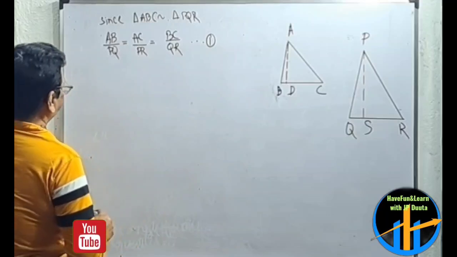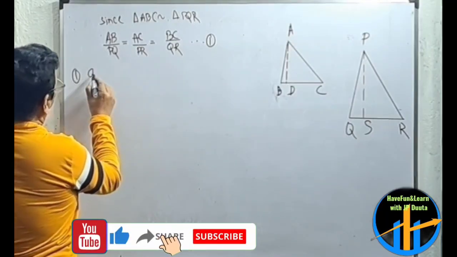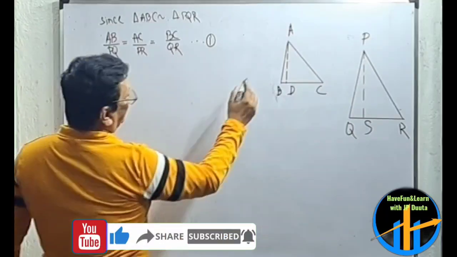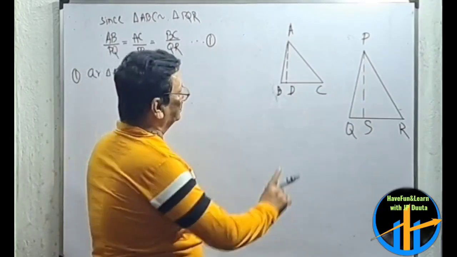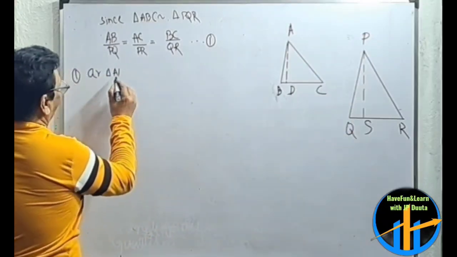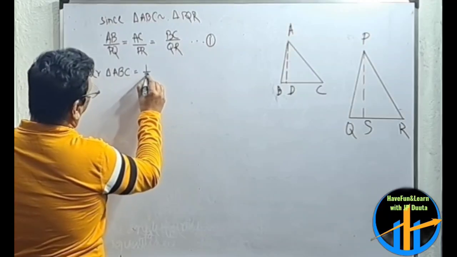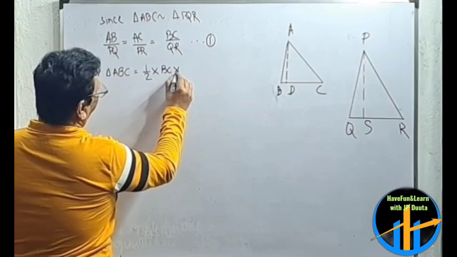Now see, AD and PS are perpendiculars on side BC and QR of the triangles. Number 1, area of triangle ABC is half into BC multiplied by AD.